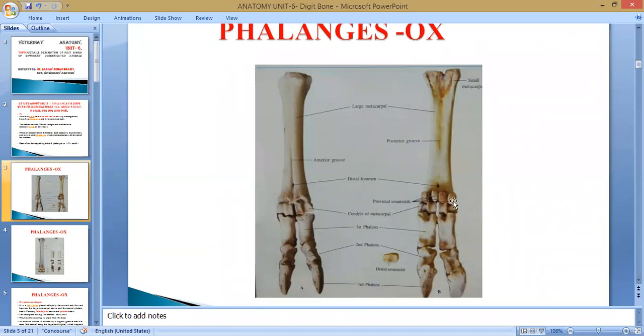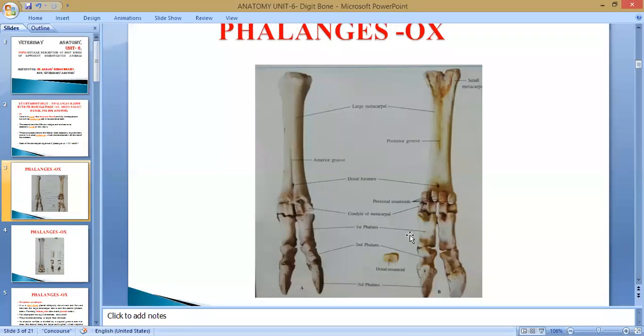These sesamoid bones are two proximally for each digit, and distally here is one. You can see here, this is the proximal sesamoid bone and this is the distal sesamoid bone. So each digit contains 3 sesamoid bones and 3 phalanges.